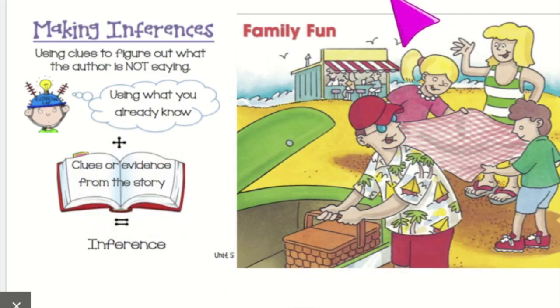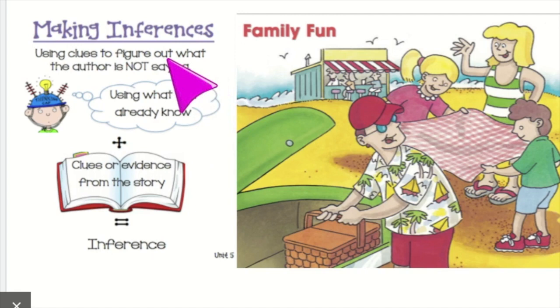So I want you to take a look at this picture here. There are no words, so the author isn't telling us anything. What can you tell or what inferences can you make just by looking at this picture? One inference that I have is that it's really warm outside.